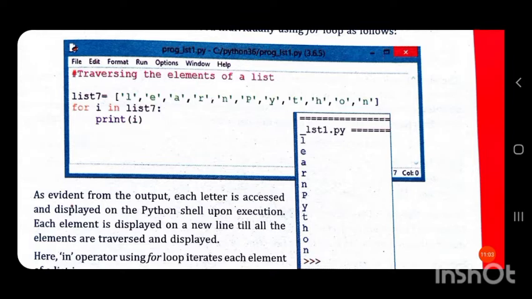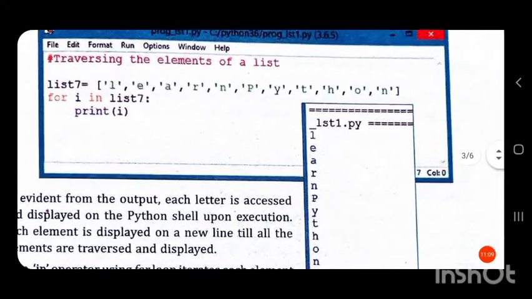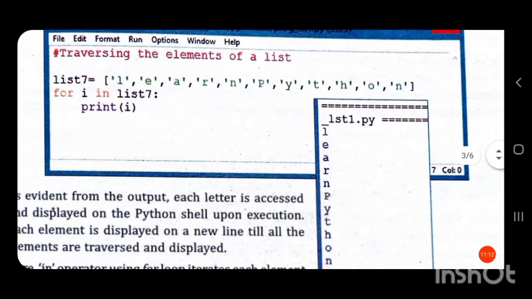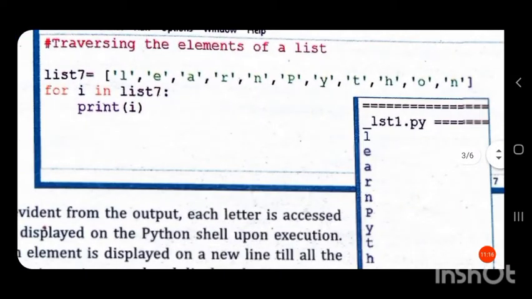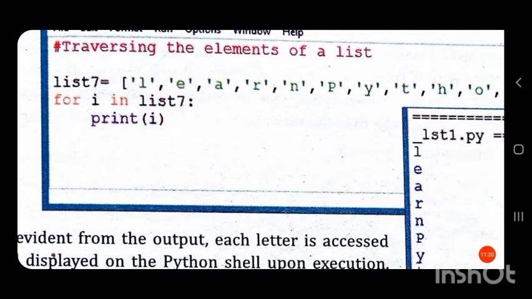We want to access each element in this list, so we are using the in operator, the membership operator, inside the for loop. We have a for statement: for I in list7.